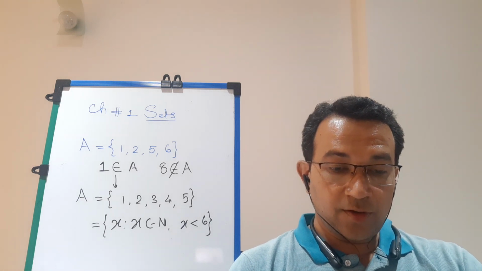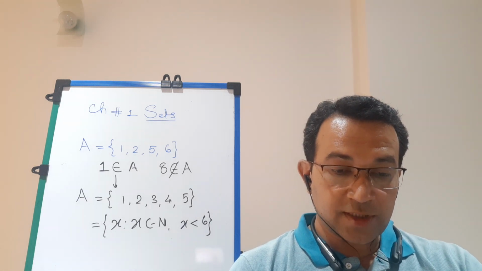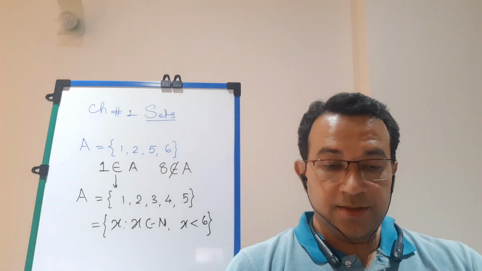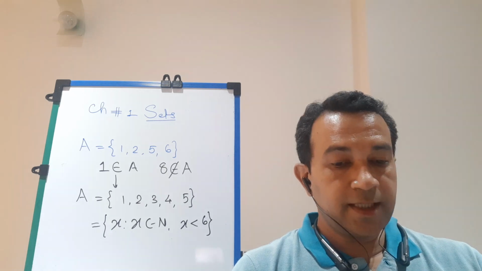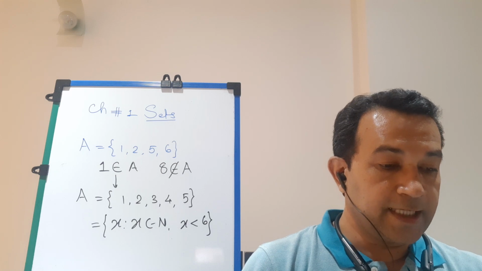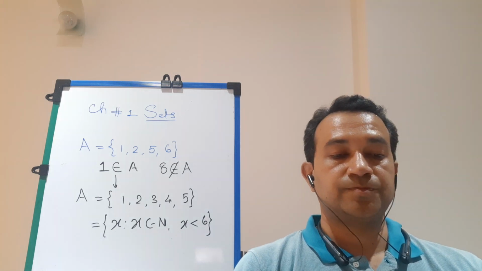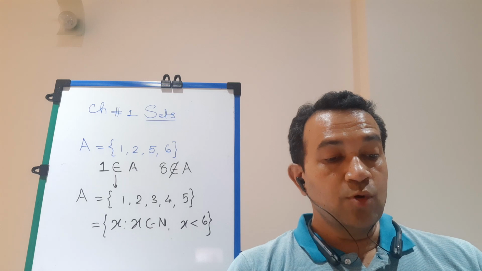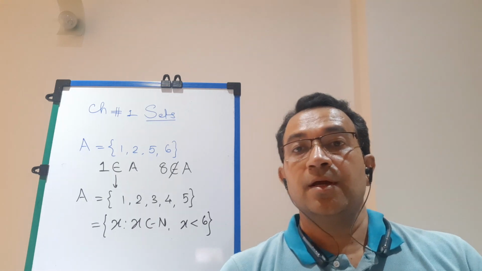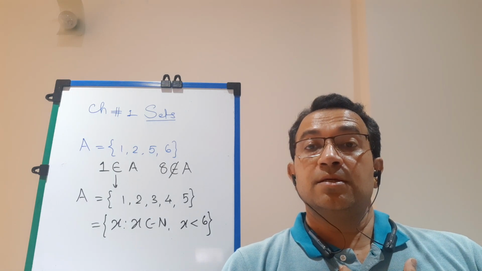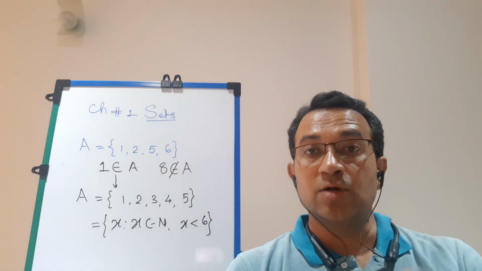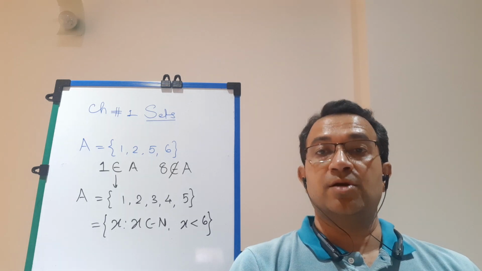Then the collection of 10 most talented writers of India. Now students, most talented writers of India. According to me, Mr. X is a talented writer, and according to you, Mr. X is not.